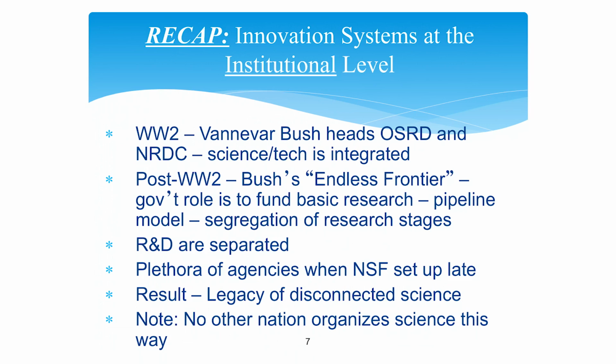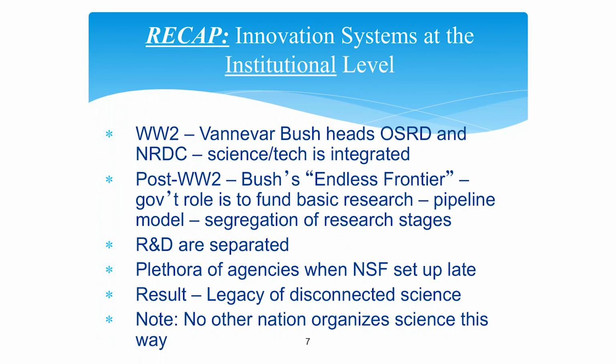So we talked about how the US innovation system evolved and told the story of its evolution in that World War II timetable. The RAD Lab at MIT was an important foundational moment.